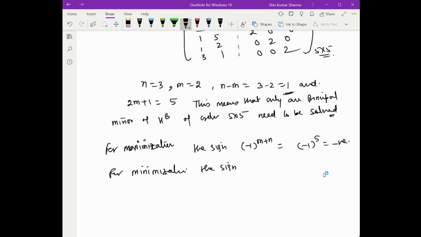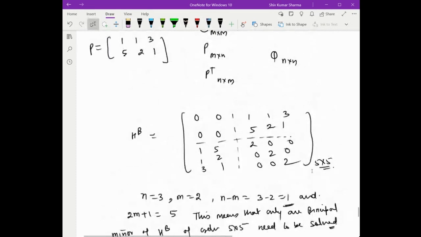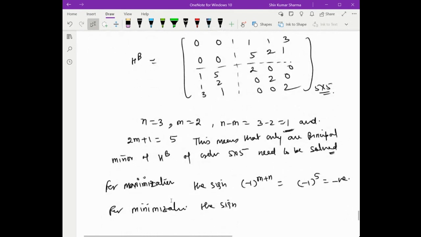So you know that when we solve the determinant of the border Hessian matrix, if it gives a negative value, we say that the function is maximization. And for minimization we use the sign minus 1 raised to the power m.